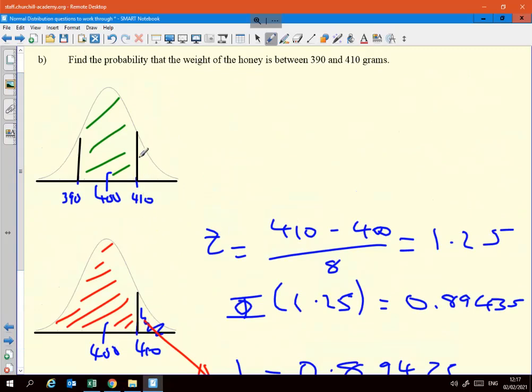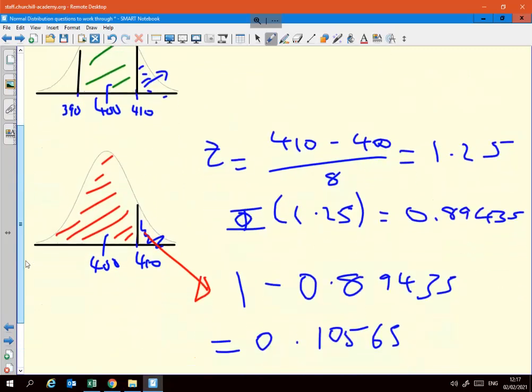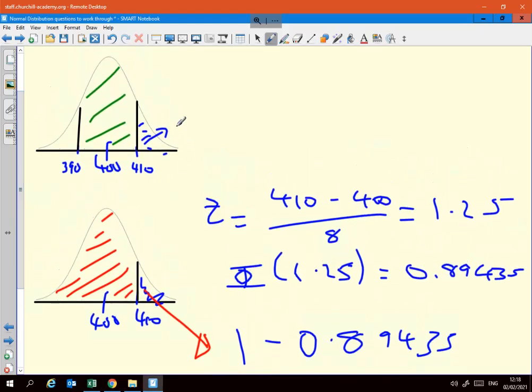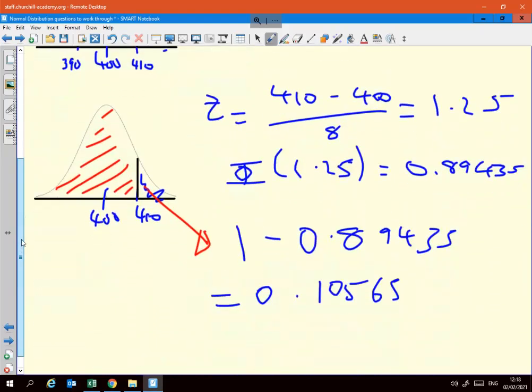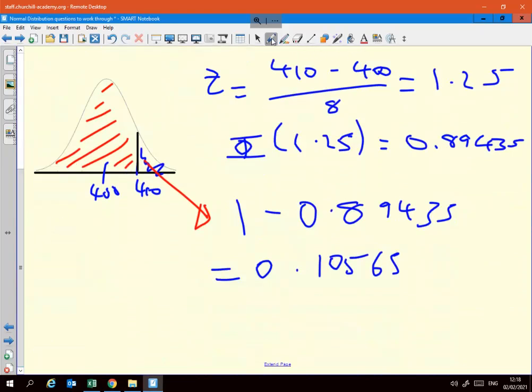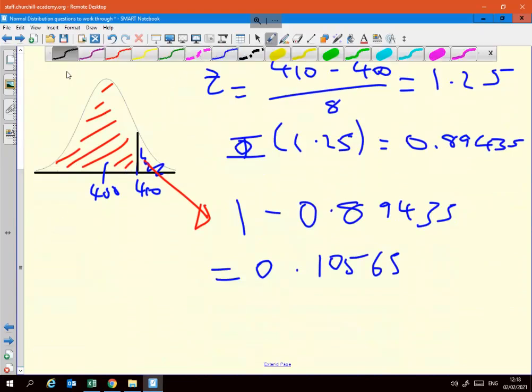So that blue part there is this blue part here, which we've just discovered is 0.10565. And by symmetry, because these are the same distance apart, this one's also going to be 0.10565.